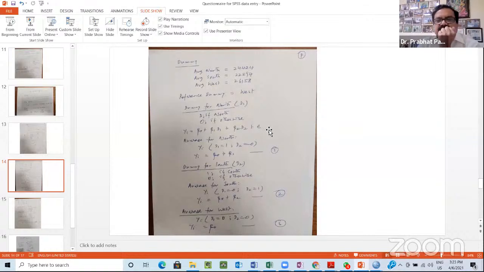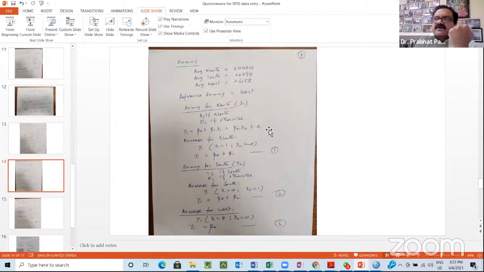So you have, let's say, gender as independent variable, or different regions, or occupations as independent variable. But your dependent variable is a scale variable.